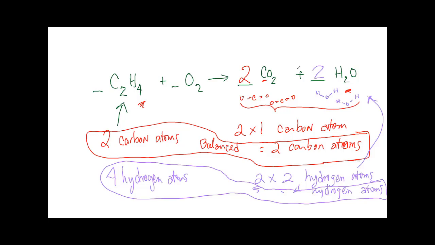Yeah. The oxygen is the trickiest part. What do you think the coefficient here should be? Well, there's 2 oxygen on that side, and past the arrow it looks like 3 oxygens in total.